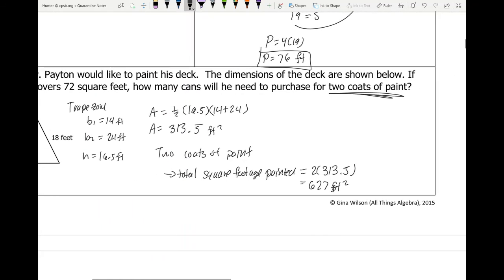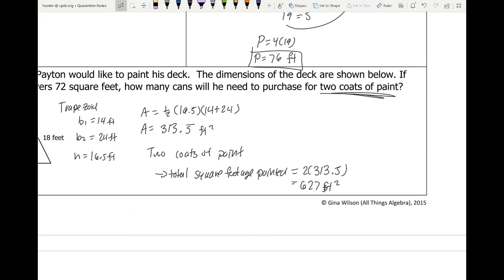All right, so I know that 1 can equals 72 feet squared. So what I can do is say 627 feet squared, and I'm going to make some units cancel. 1 can is 72 feet squared.